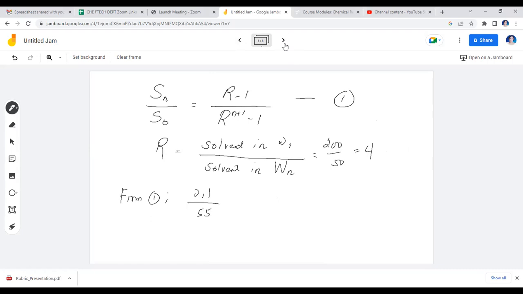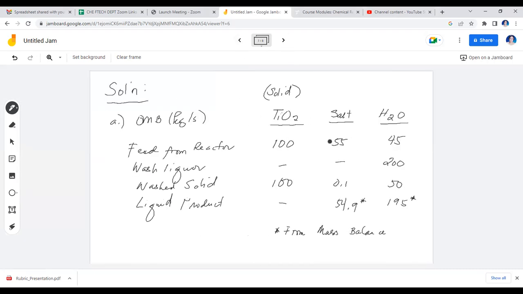Here, this is the solute in the feed. Solute in the washed solid is the slurry from the nth thickener. So we're using these two here.